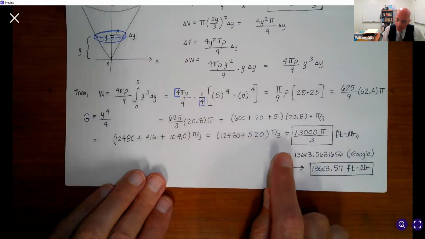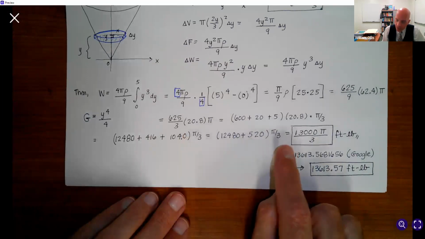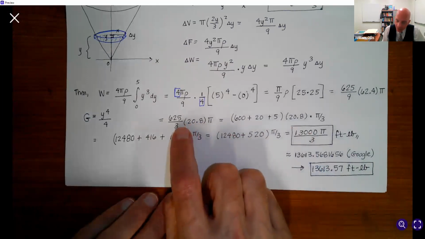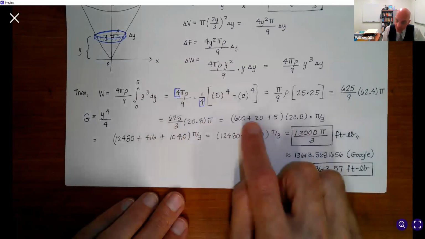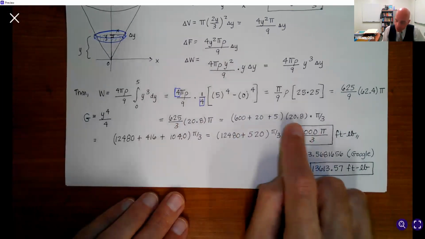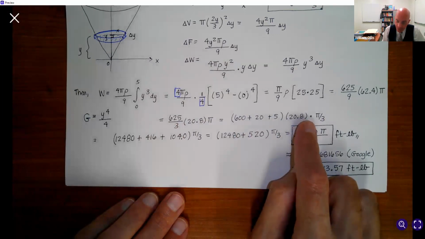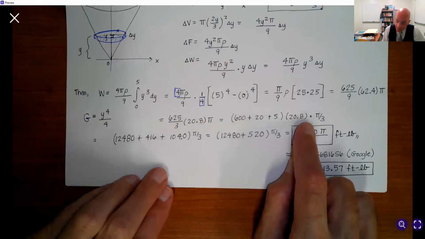Now, another thing that you'll notice here, and it doesn't really matter so much, but I went ahead and broke up the 625, the pi over 3 I just stuck over here to the side, as 600 plus 20 plus 5, because there's really no simple way to get rid of the decimal. But now when you multiply, you can simply absorb the decimal here.